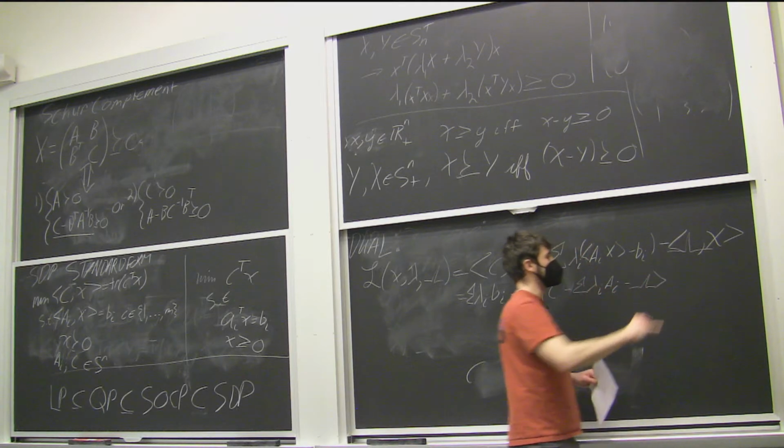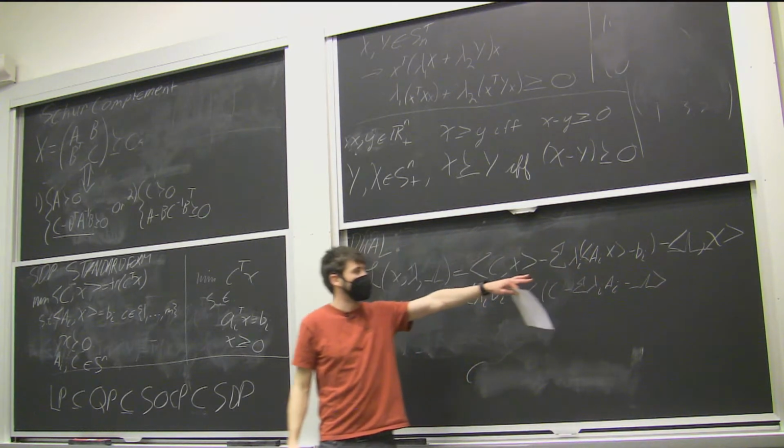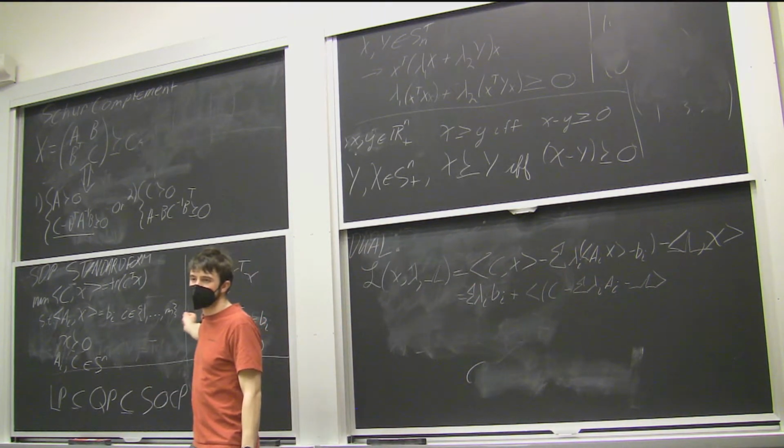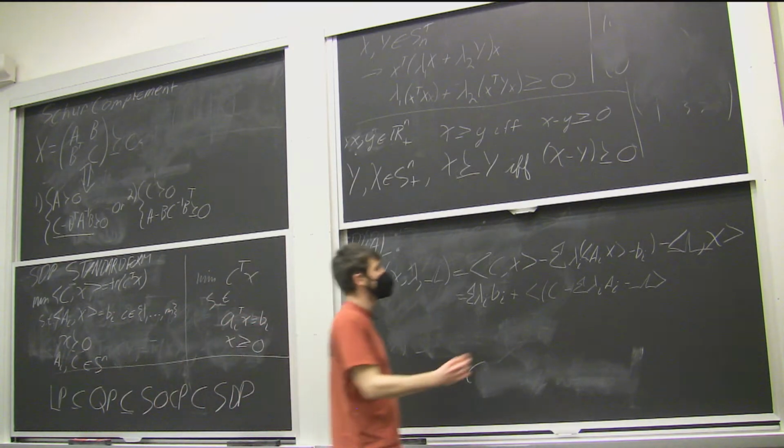This is just a Lagrange multiplier that lies in the cone. So it's a Lagrange multiplier. Lambda is PSD.